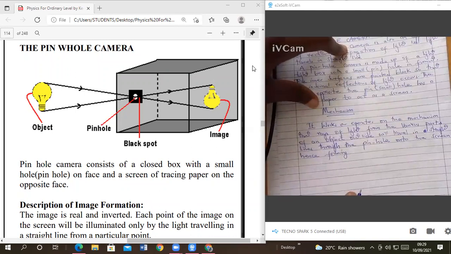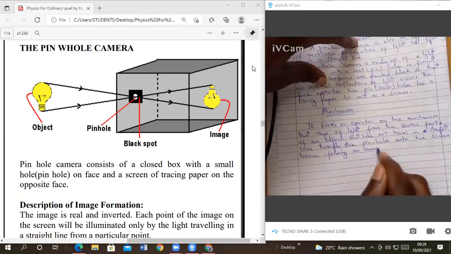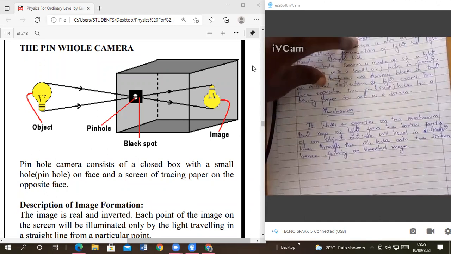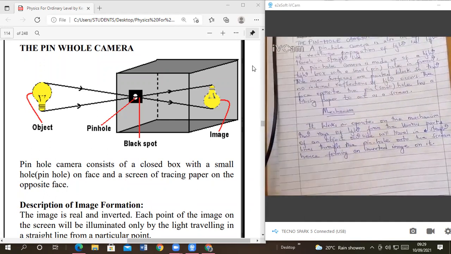Lynette, what have you said? Forming an inverted image. Good. Forming an inverted image on it.